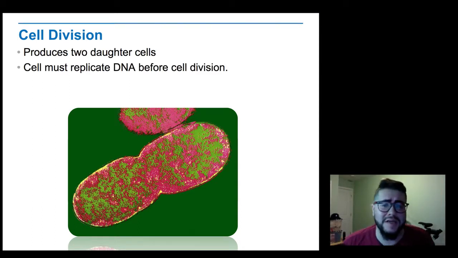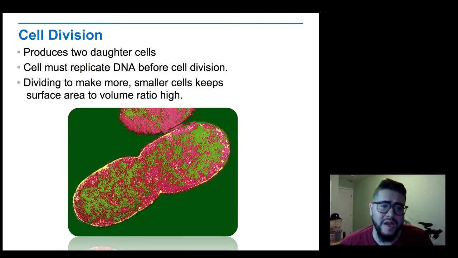Before that happens, the DNA needs to divide or replicate itself so that each one of these 2 cells has its own copy of the DNA. And then basically the whole point of cell division is to make sure that the cells stay small and that surface area to volume ratio is high, so that they can continue to bring materials in and support the inside of that cell.